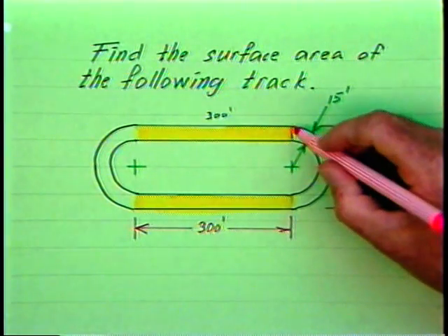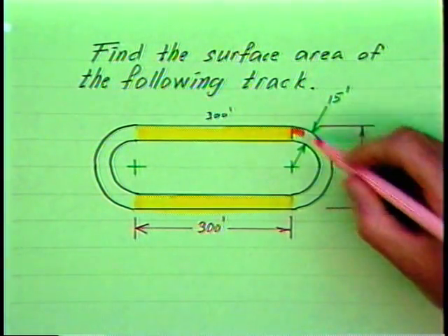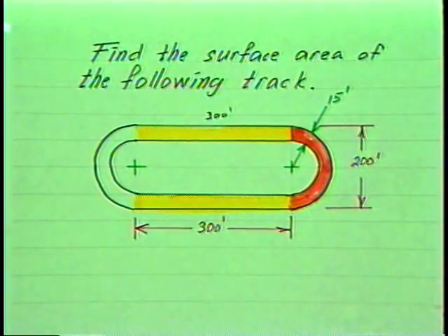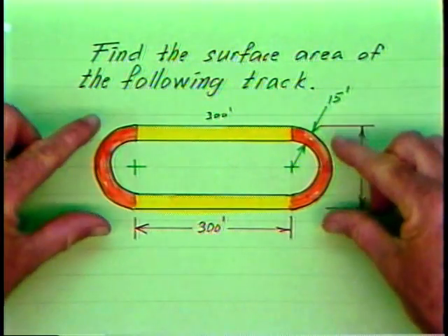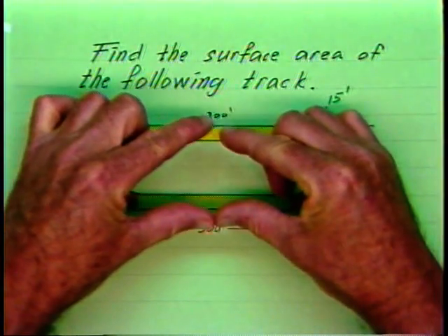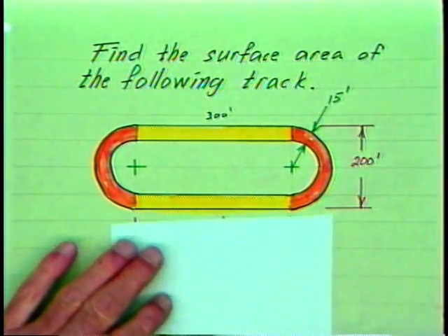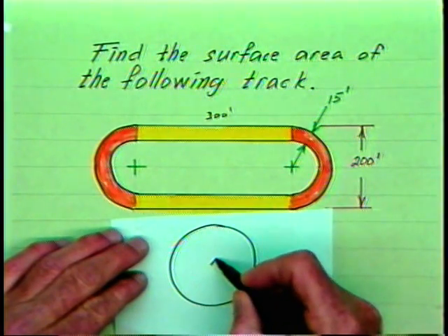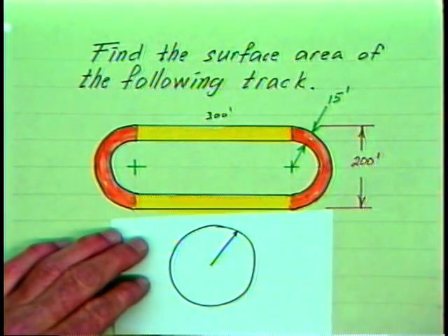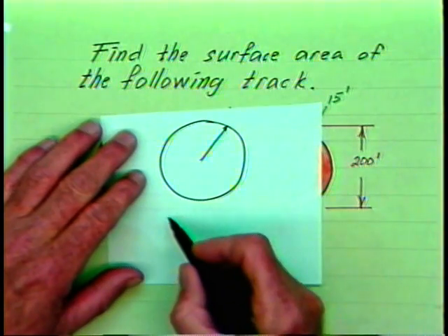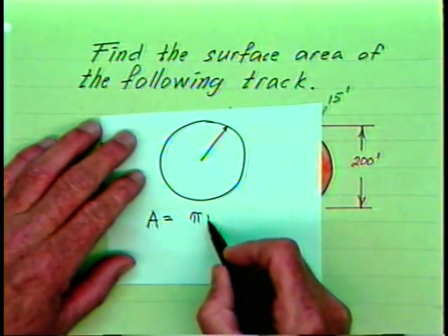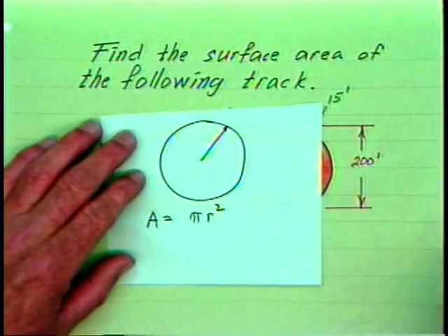Looking at the ends, we can see that this is two halves of a circle with the other half over here. So in our mind, we just sort of slide those together, and the outer one we see is a circle with a radius, because we do need to know that radius since the area of a circle is pi times the radius squared.